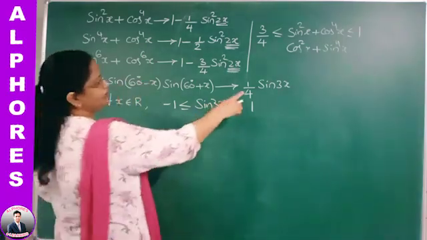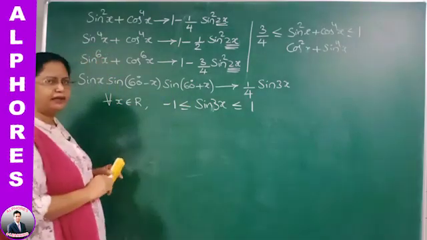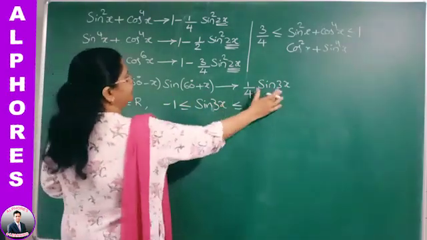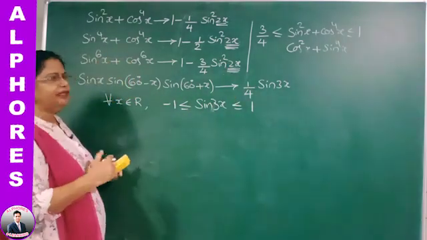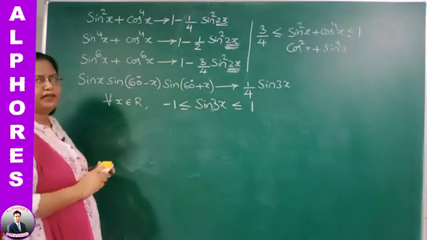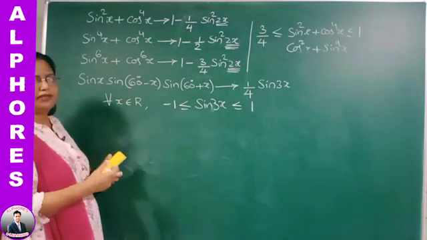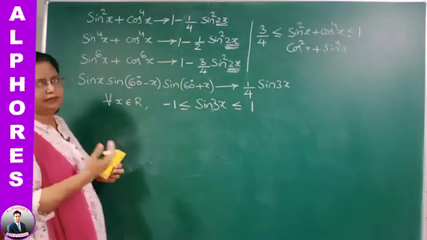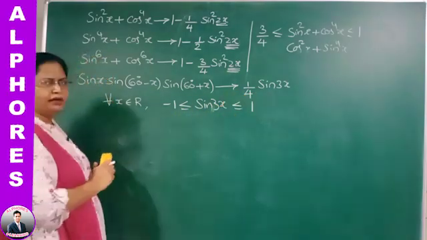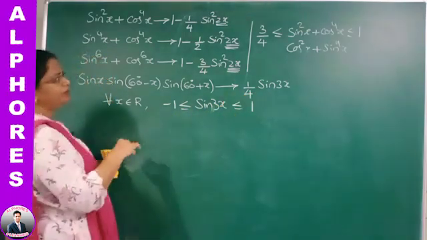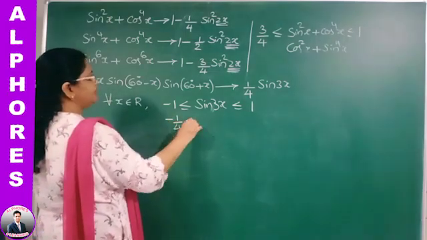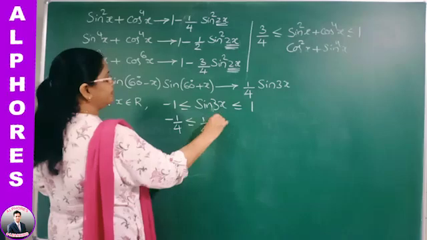The answer is how much here, 1 by 4 times sin 3x. Therefore I am converting this inequality in terms of this one. That means what we have understood here from these results, actually you have to search for the known range terms. What is the known range here for sin 3x? It is in between minus 1 and plus 1. Now just multiply by 1 by 4. So minus 1 by 4 less than or equal to 1 by 4 times sin 3x.